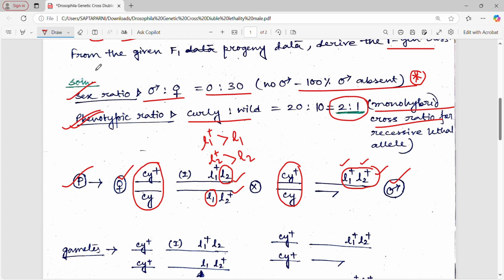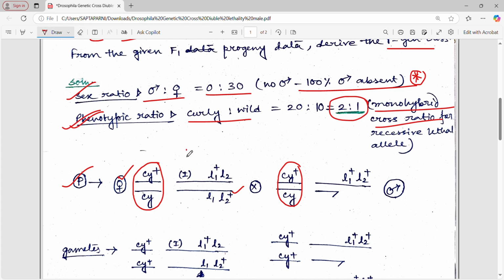Now we will see how, by taking lethal alleles in heterozygous condition in the female, we can derive all male progeny as lethal.